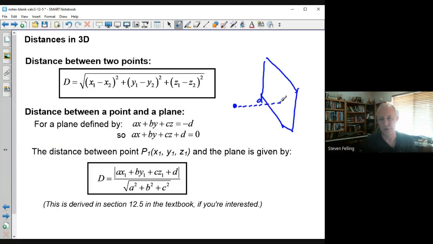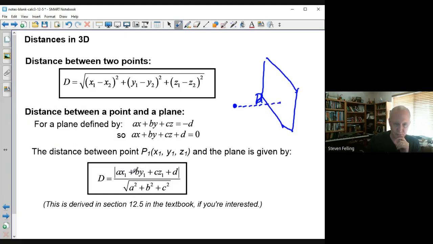If you're interested, the textbook has a derivation, or send me an email if you don't have the textbook and I can make a copy of it for you. But basically, without deriving it, you can show that this distance d, the minimum distance of a point not on a plane to a point in a plane, is given by this.